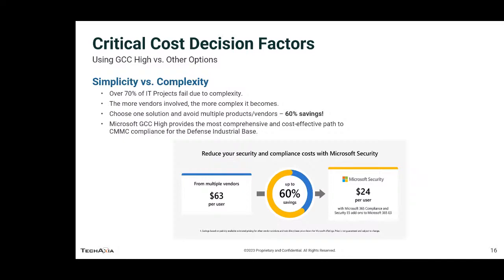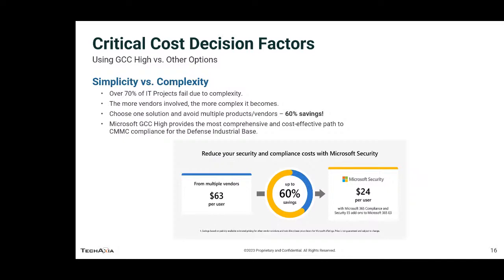Now, let's look at some critical cost decision factors, because one objective of today's webinar is to explore cost savings opportunities in GCC High. The first is simplicity. Rather than use 7 different products or software, the Microsoft GCC Cloud offers defense industry-based companies a cost-effective and comprehensive one-stop shop for most of their CMMC needs.